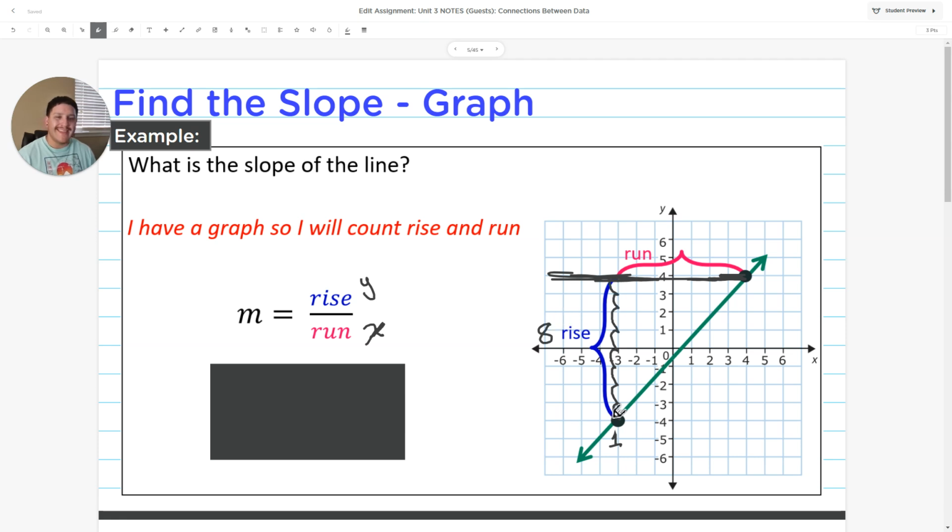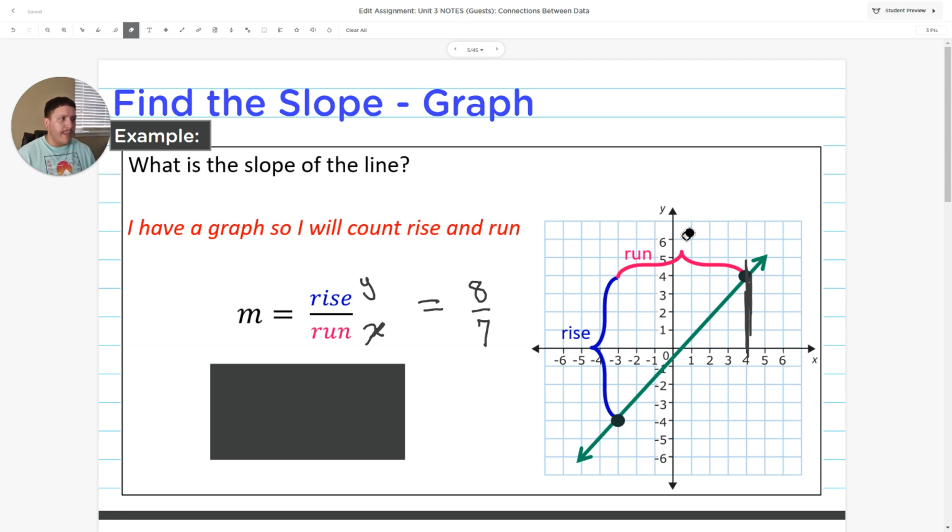My rise is 8. And then I have to figure out how much I have to run left to right to get to this point right here. Start from this point on the run and then go 1, 2, 3, 4, 5, 6, 7. So my run is 7, which means the fraction rise over run is 8 divided by 7.